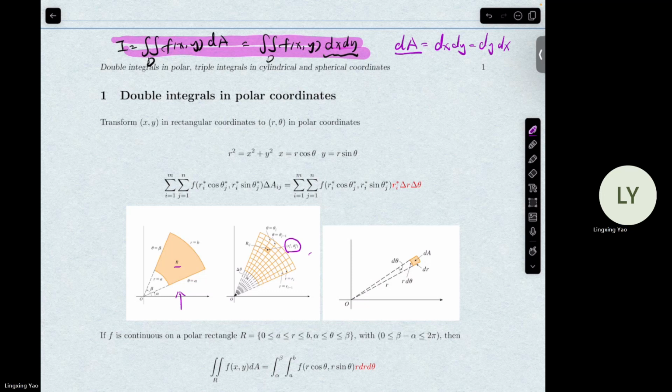We can zoom in over here, and we can try to see what is the area of this small piece.